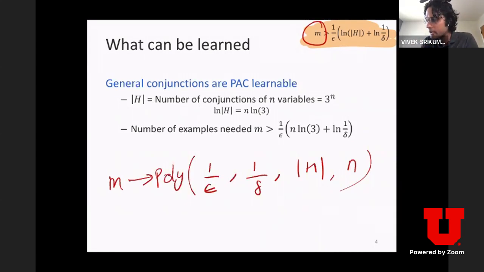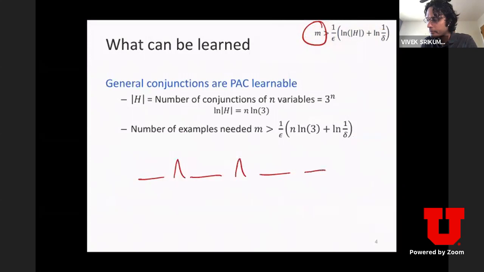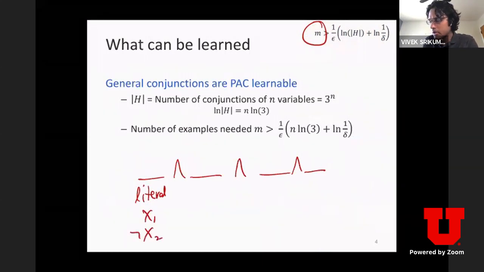The first function class that we are looking at, in fact, we looked at in the last lecture, is general conjunctions. Conjunctions are functions of the form something and something, just a bunch of literals. A literal is a variable or its negation.